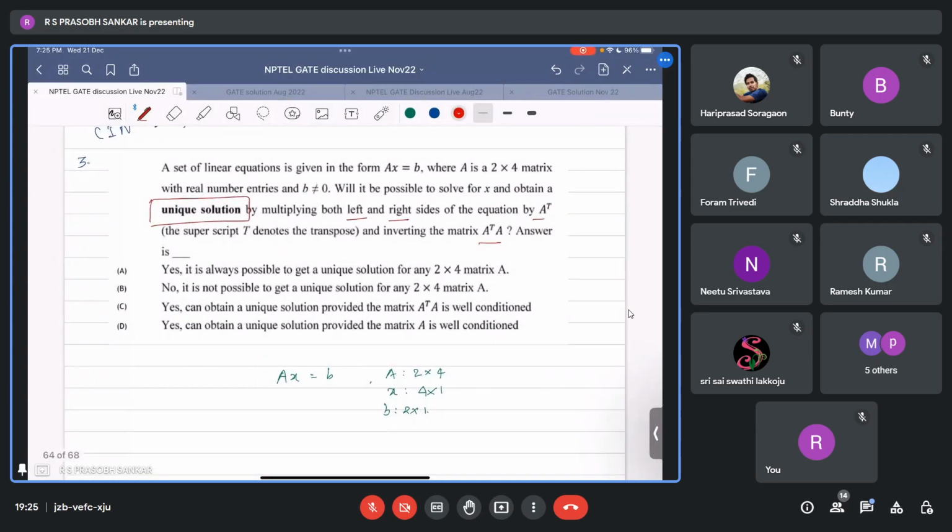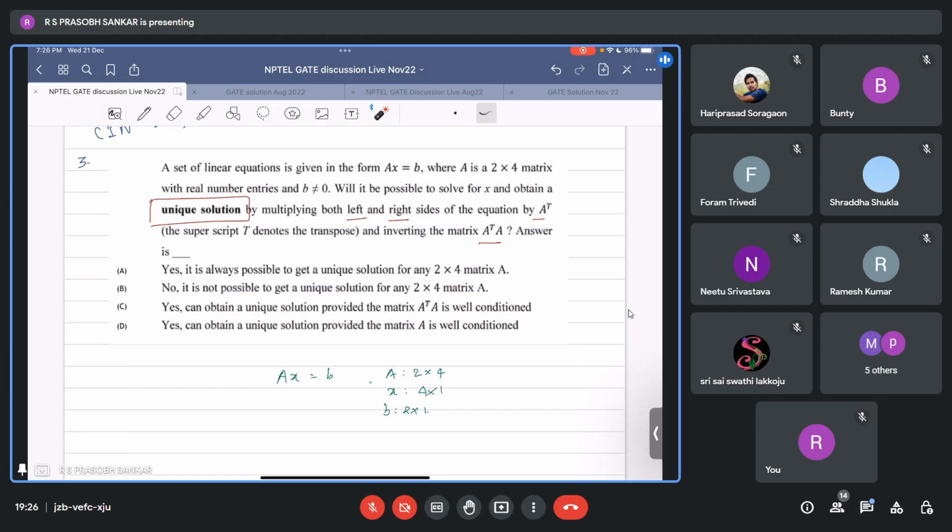The options are: yes, it is always possible to get a unique solution for any matrix; no, it is not possible for any matrix; yes, we can obtain it when this is well conditioned; and we can obtain it when matrix A is well conditioned. Which of these is the correct answer?